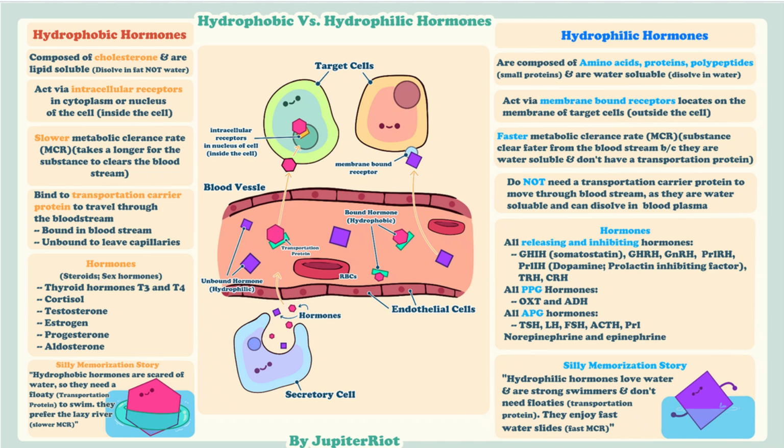When it's phobic, you fear it. So hydrophilic hormones love water and are strong swimmers and don't need a floaty, that transportation carrier protein. They do not need a floaty to swim through the blood plasma because they are strong swimmers. They enjoy fast water slides, so they have that faster metabolic clearance rate, that faster MCR.